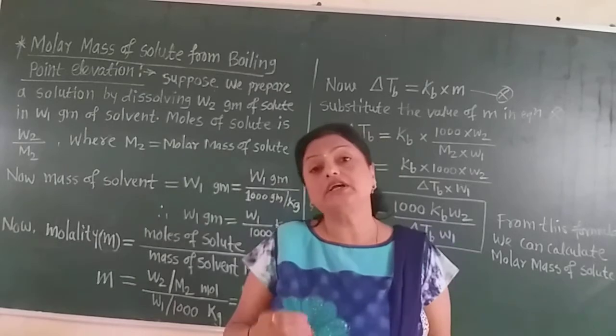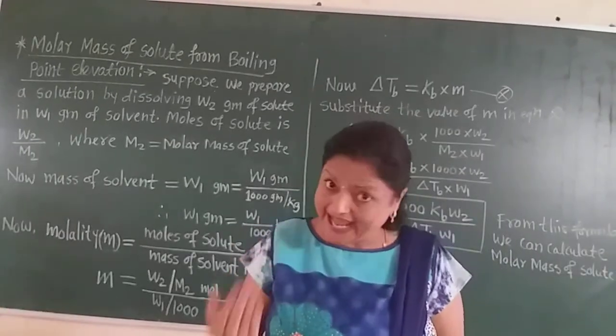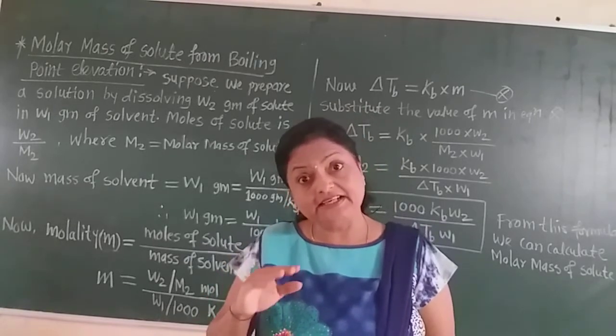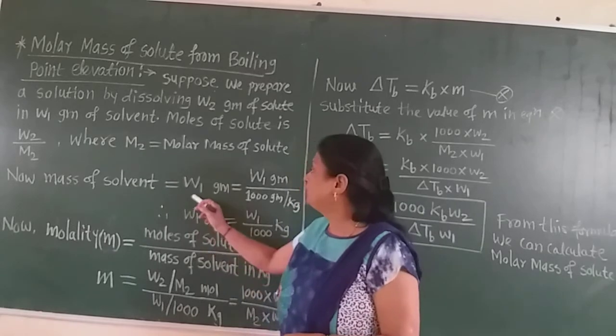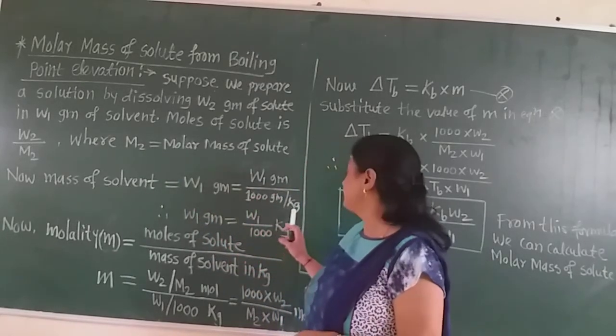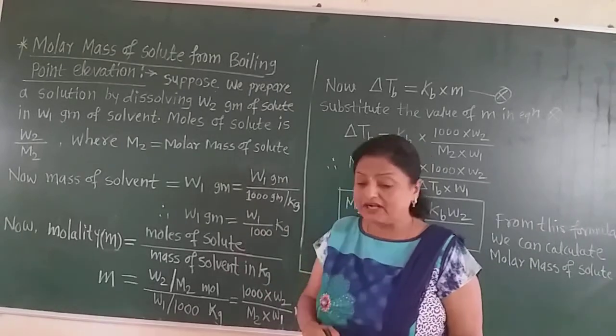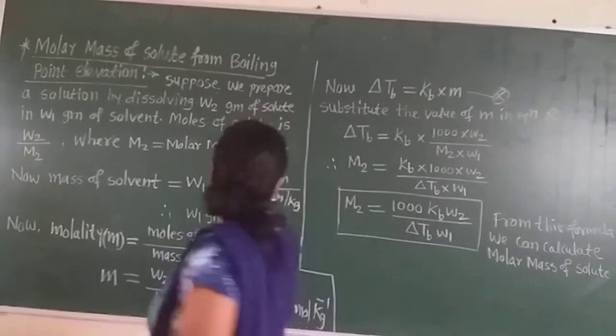Suppose we want to convert this mass of solvent, which is in gram, into kilogram. Then how is it possible? Now see here, W1 gram is equal to W1 gram divided by 1000 grams per kilogram, because 1000 gram is equal to 1 kilogram. We know that.